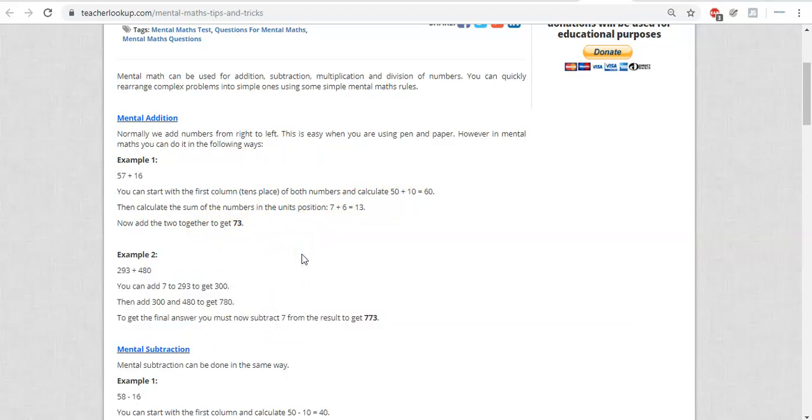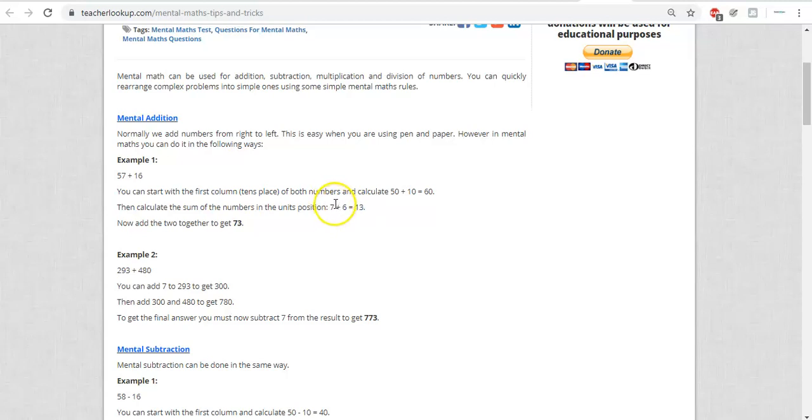So this is a quick way. We first added the tens, 50 plus 10, and then what's remaining is 7 plus 6, which is 13. Let's just add 60 and 13 together and get 73, guys.